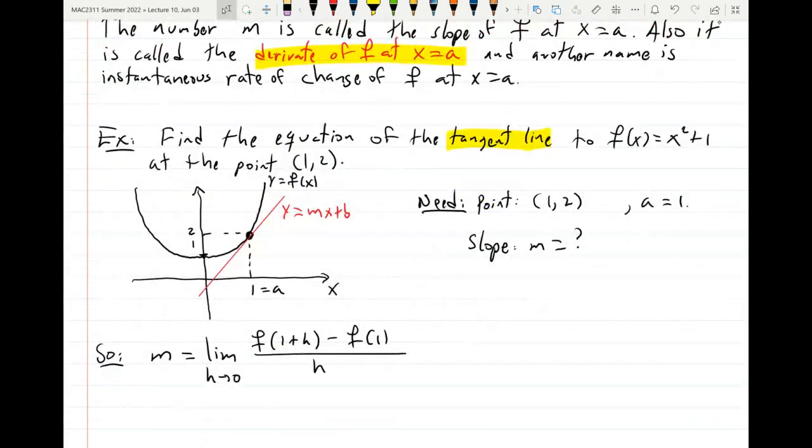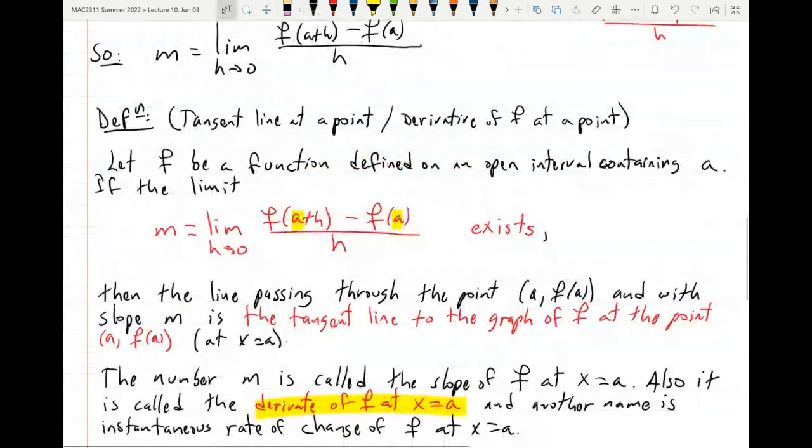So let's compute this. This is the limit as h approaches 0. For f of 1 plus h, we go to the function and plug in. That's 1 plus h squared plus 1. Then minus the value of the function at 1, as you know, f of 1 equals 2, over h. Notice, even in the general definition, if you just plug in, you will get 0 over 0.